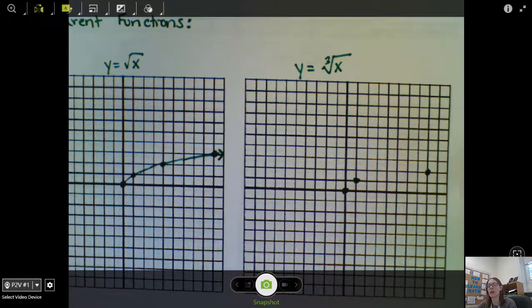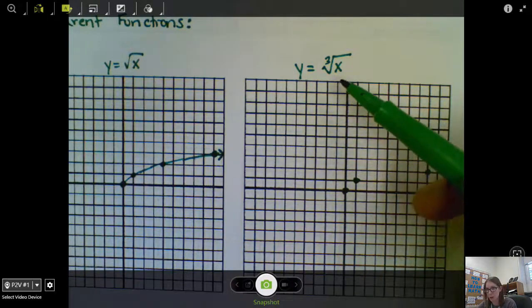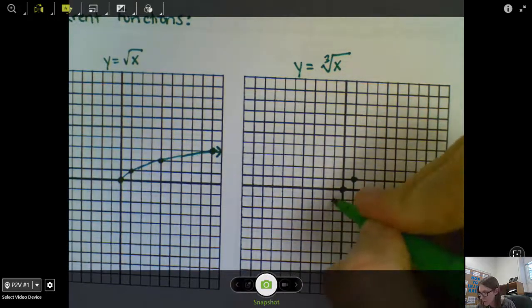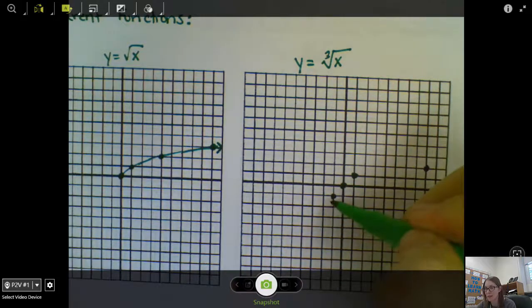The biggest difference between our cube root and our square root is that we can have negative x values. Negative 1, for example, the cube root of negative 1 is negative 1, because if I take negative 1 times negative 1 times negative 1, that gives me my negative 1.